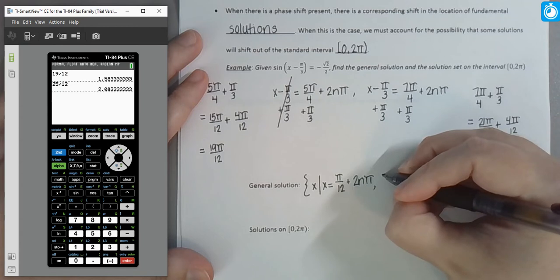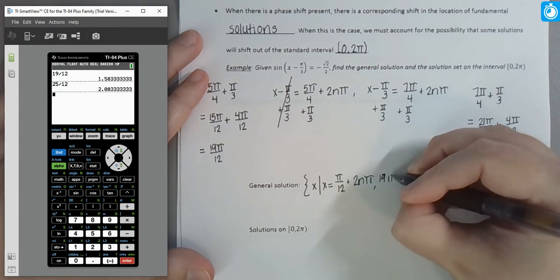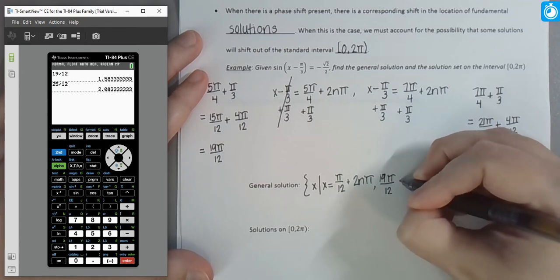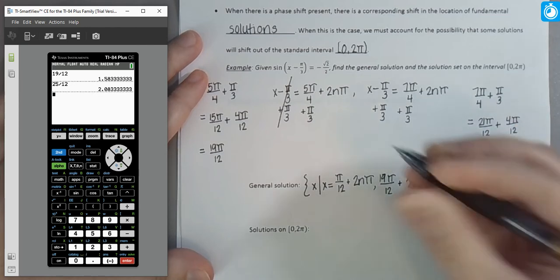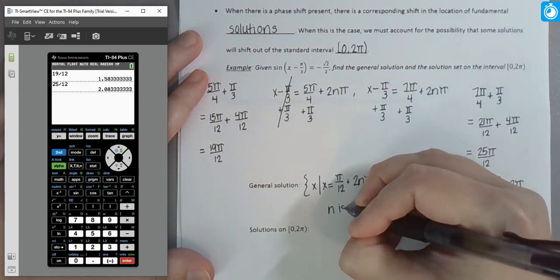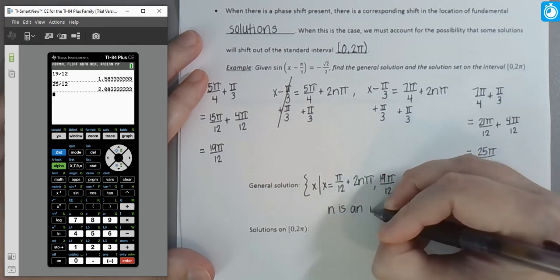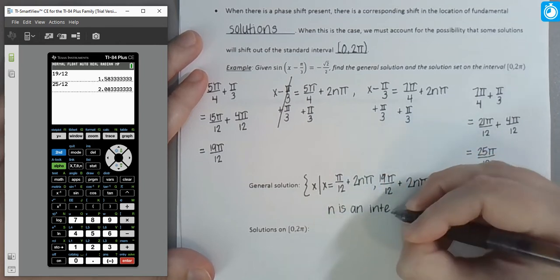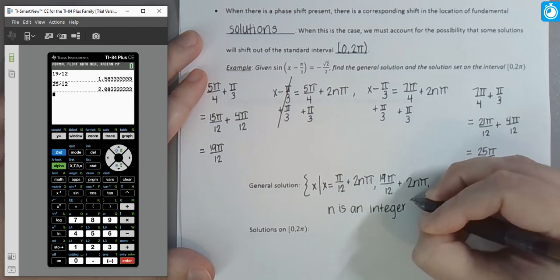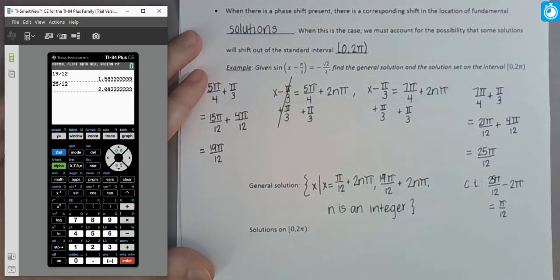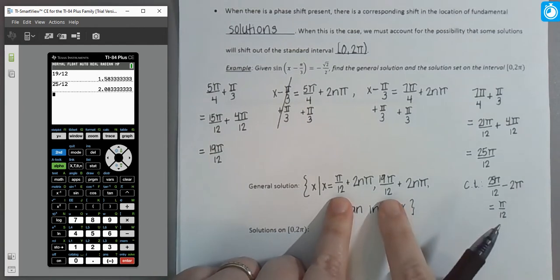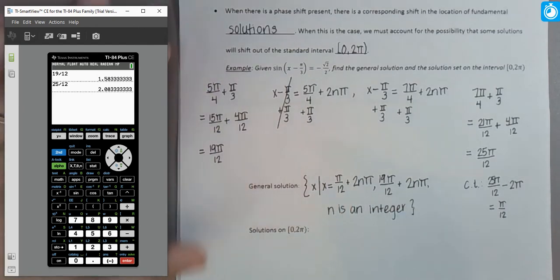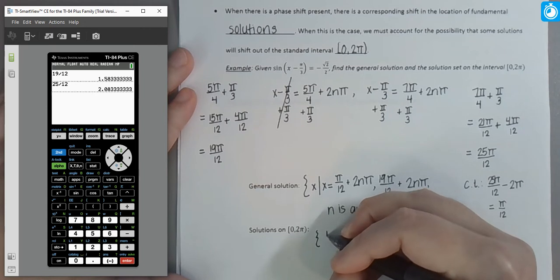Or potentially, x is equal to 19 pi over 12 plus 2n pi. And again, n is an integer. So that is our general solution. And based on that, our solutions from 0 to 2 pi are pi over 12 and 19 pi over 12.